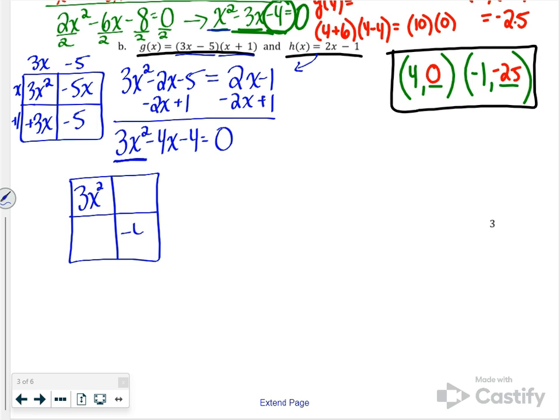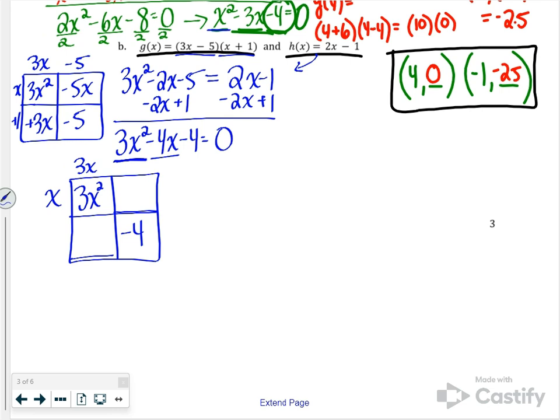We know it will have a minus 4. But somehow we need to make minus 4x's in this box and this box. So when I start seeing that, I have an understanding that this must be a 3x and this must be an x. And somehow we need to make sure that there's only going to be minus 4 x's altogether.